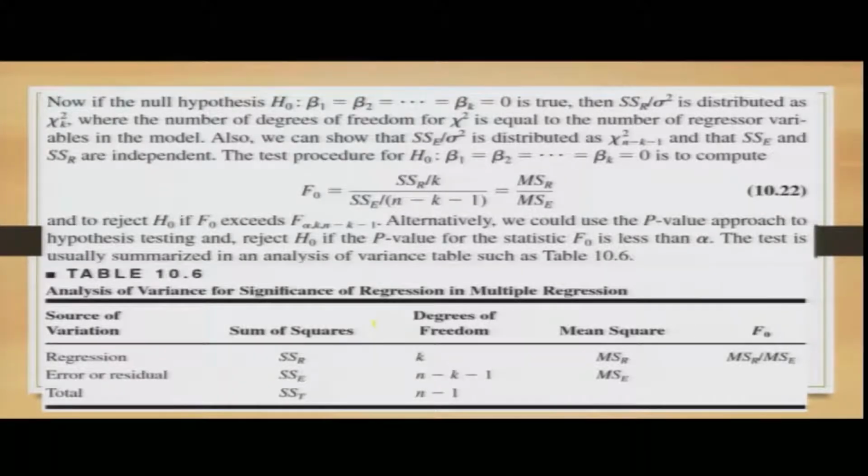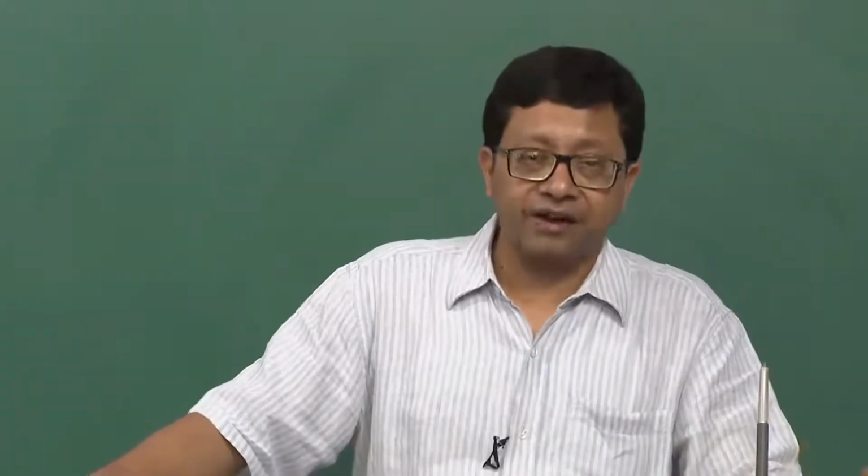Also, we know that the sum of the squares of the error divided by sigma square is again distributed as chi square with a different number of degrees of freedom, and that the sum of the squares of the errors and the sum of the squares due to regression are independent. That is very important to note, considering we are taking the normal distribution to be true for all the x's, errors and y.